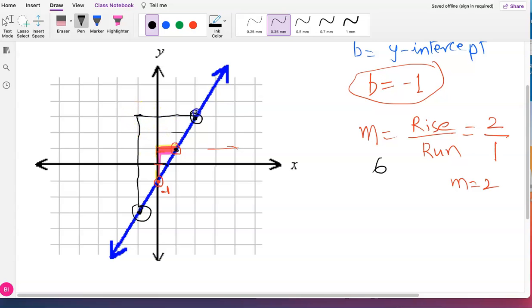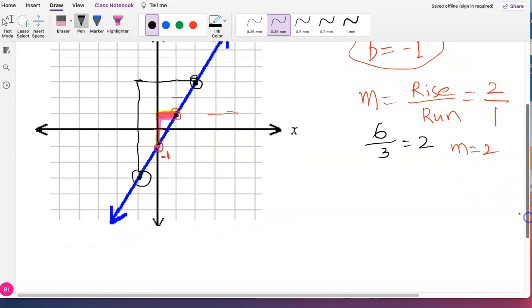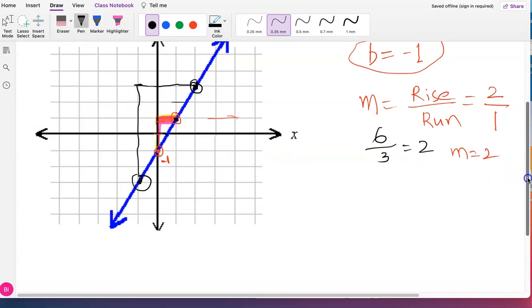So the run is 3, I'll write 3 in the denominator. Rise over run, 6 over 3, that is equal to 2. So likewise, just select any 2 points and then look for the rise and then the run. Similarly, otherwise you can do this way, how far you are going down and moving left. So you don't have to go for all that. Just rise over run.